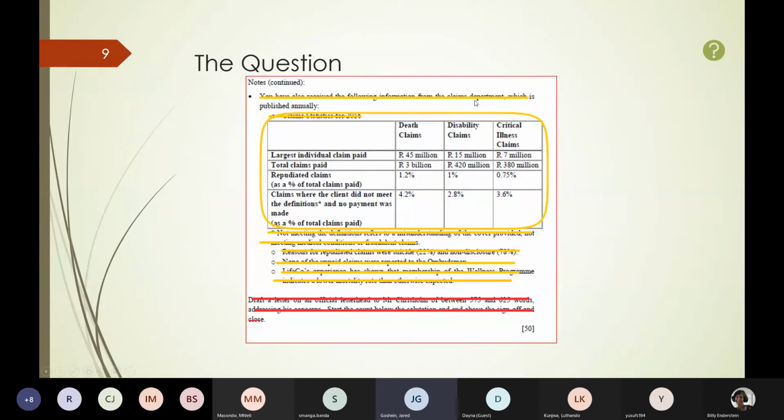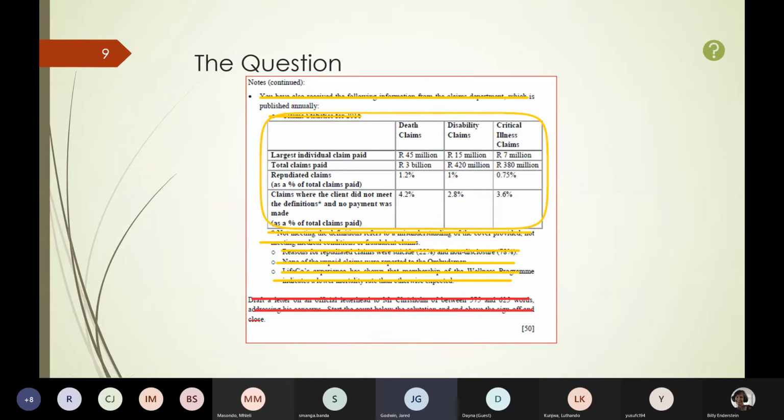A lot of the question spoke about his cover in total, and he was worried about claims not being paid. He didn't mention what type of claims, just in total. So the question was subtle, but it was guiding you towards looking at it in total rather than individually.